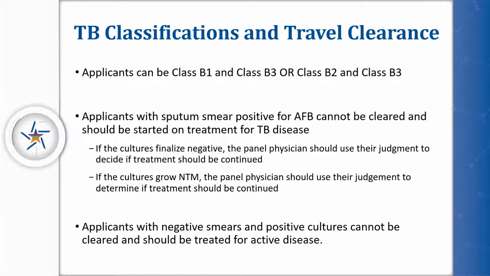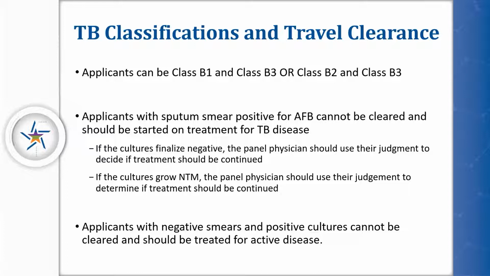So what do you do if they're smear positive, but the cultures return negative? If the cultures finalize negative, then the panel physician should use their judgment to decide if treatment should be continued. So if you feel pretty strongly that the individual has active TB, based on your findings from their history, from their symptoms, from their response to treatment, you started them on treatment and they had a very robust response to treatment, all of this suggests that maybe something happened to your cultures.